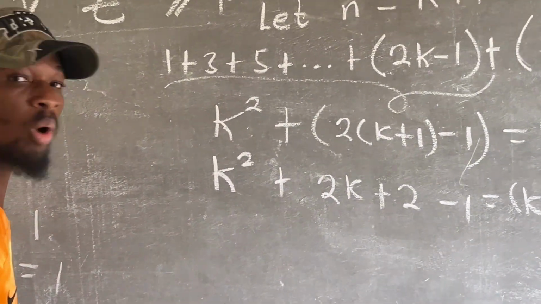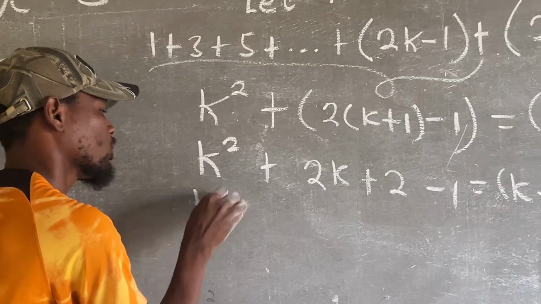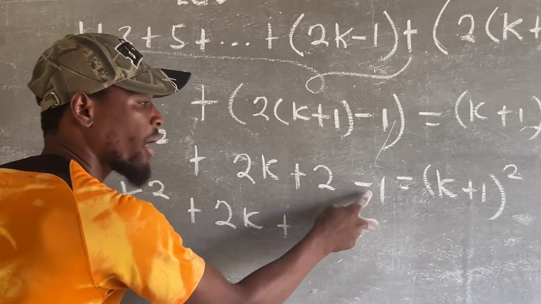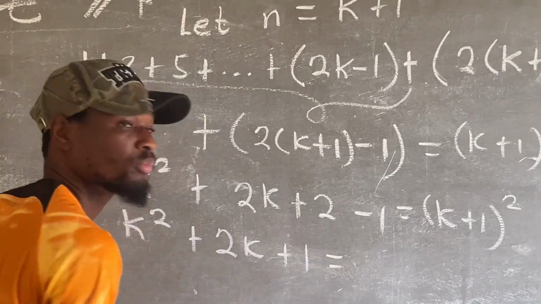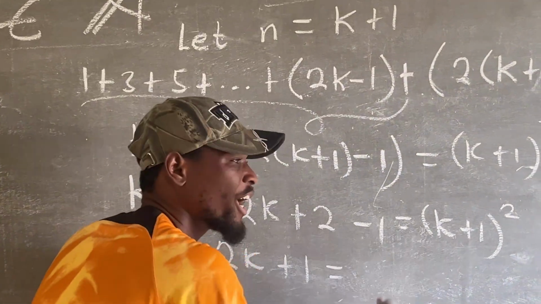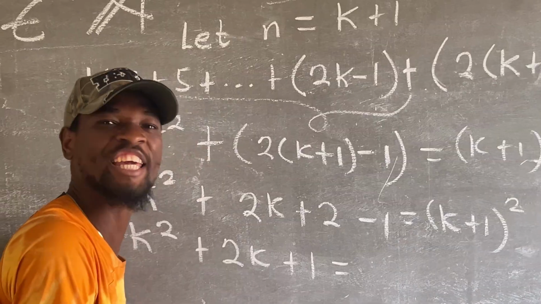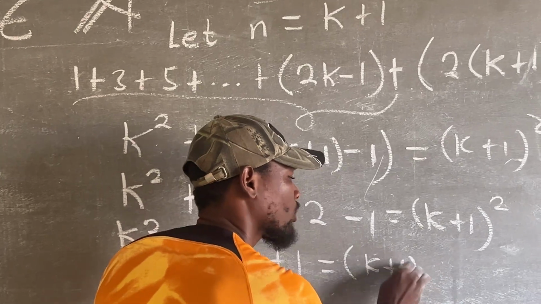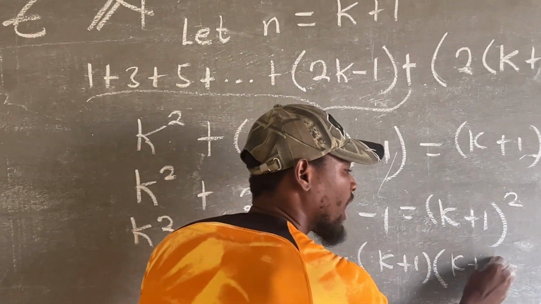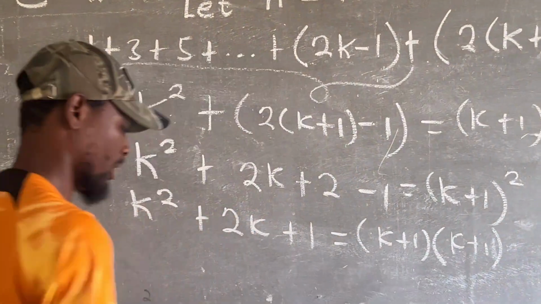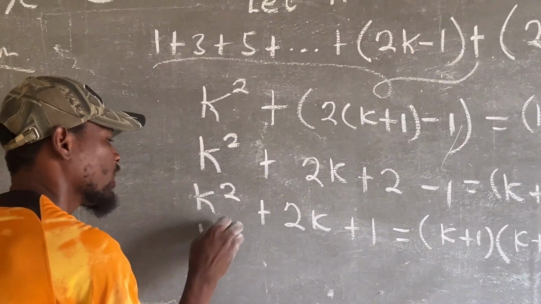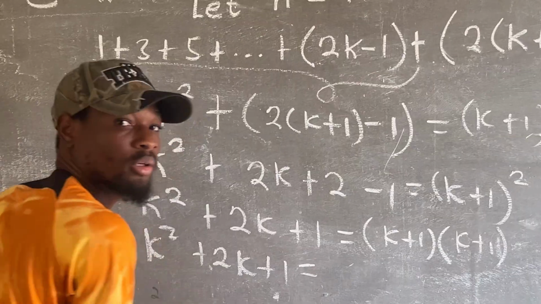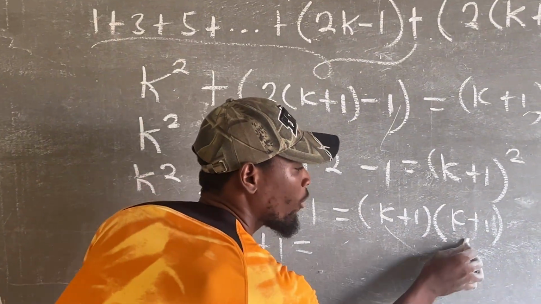Now, viewers, let's see what we can do here. We have k squared, then plus 2k, then plus 2 minus 1 is 1, which is equal to, viewers, this is basic algebra. k plus 1 all squared is the same as multiplying k plus 1 times itself. So I have k plus 1 multiplying k plus 1. And we know that k squared plus 2k plus 1 is equal to, you pick this term and it will multiply everything here.